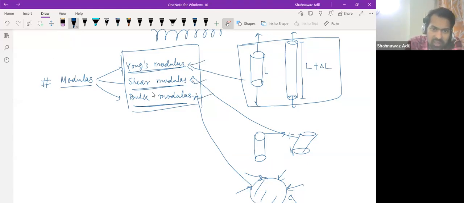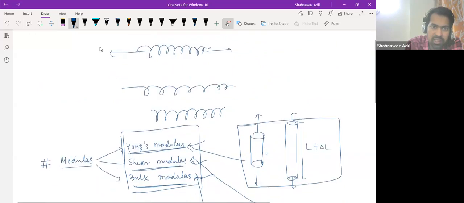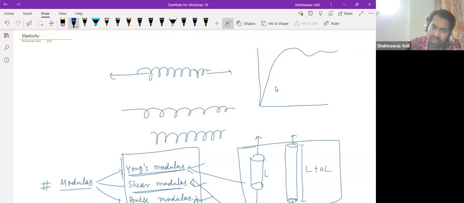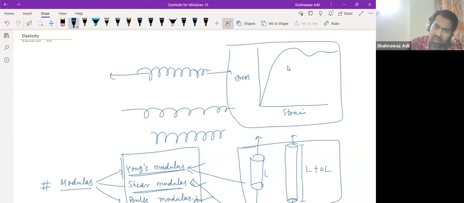Then you have this curve, the stress versus strain curve, which is also important. I'm very sure that they will ask this question. This one is very important, and we will talk about the stress and strain curve next.